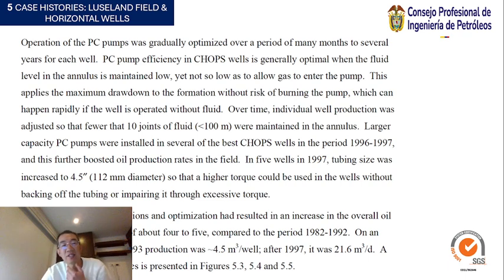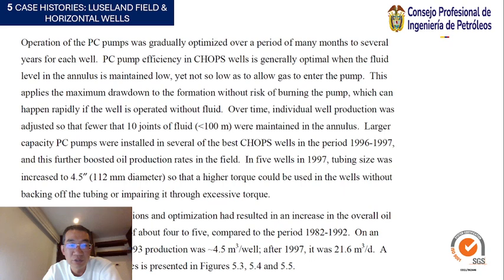By 1997 to 1998, well conversions and optimization had resulted in an increase in the overall oil production rate by a factor of about 4 to 5 compared to the period 1982 to 1992.